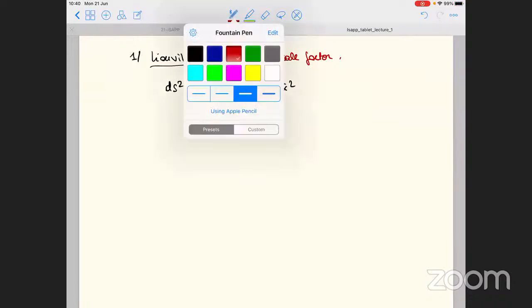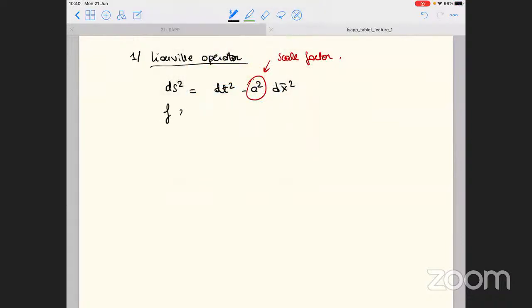Within this setup, I don't have to bother about f of x^mu, p^mu, but can simply focus on the dependence on time and on the length of the momentum, not the direction of the momentum.